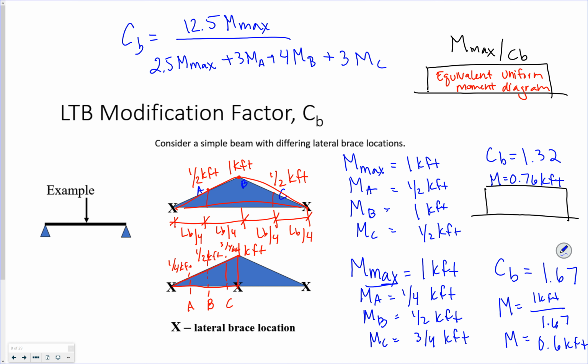And please remember to ask questions. So, it makes sense: if you add a brace where you have your maximum moment, you're only going to have to design for a lower moment than if you didn't have a brace there.